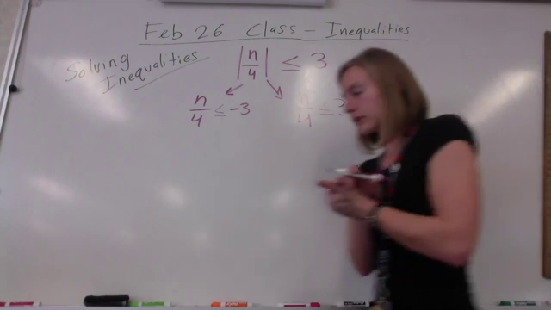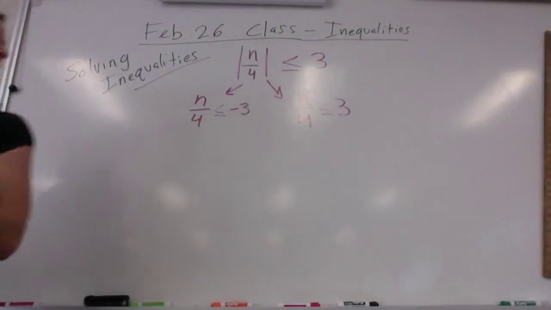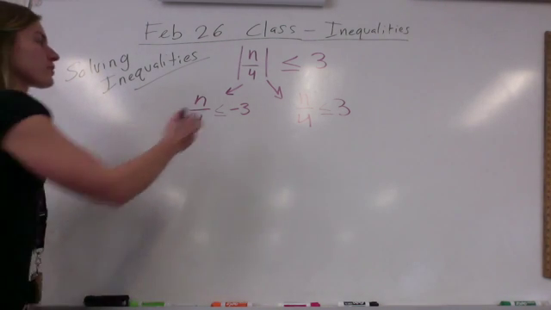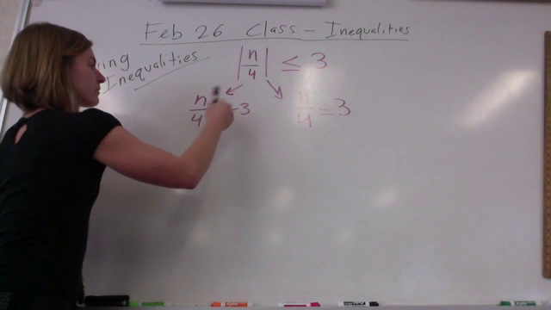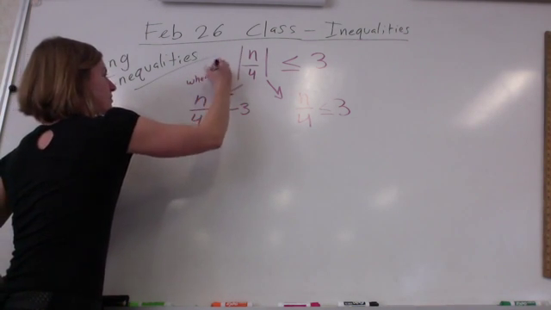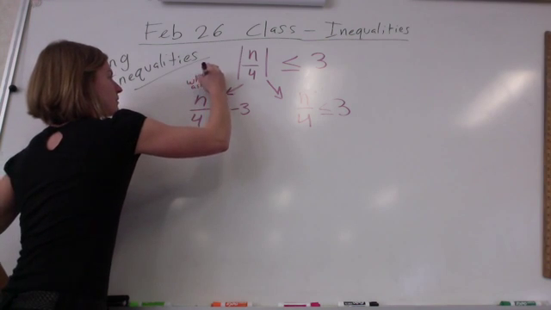Alright, so now we can actually solve these normally. Oh, one last thing. When we assume negative, you actually switch the sign. There's so many things to keep track of with these.